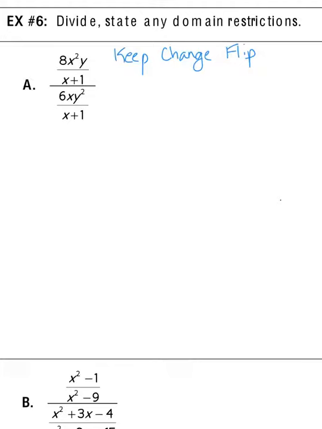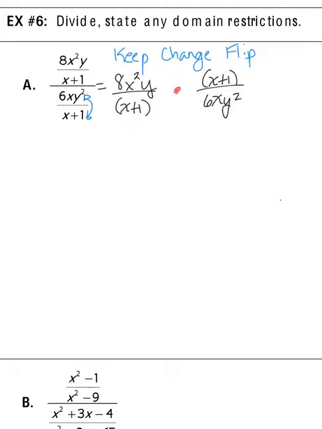So I keep it as 8x squared y, all divided by x plus 1. And then I'm going to change this division bar into a multiplication sign. And then this is going to get flipped. So I get x plus 1, all divided by 6xy squared.